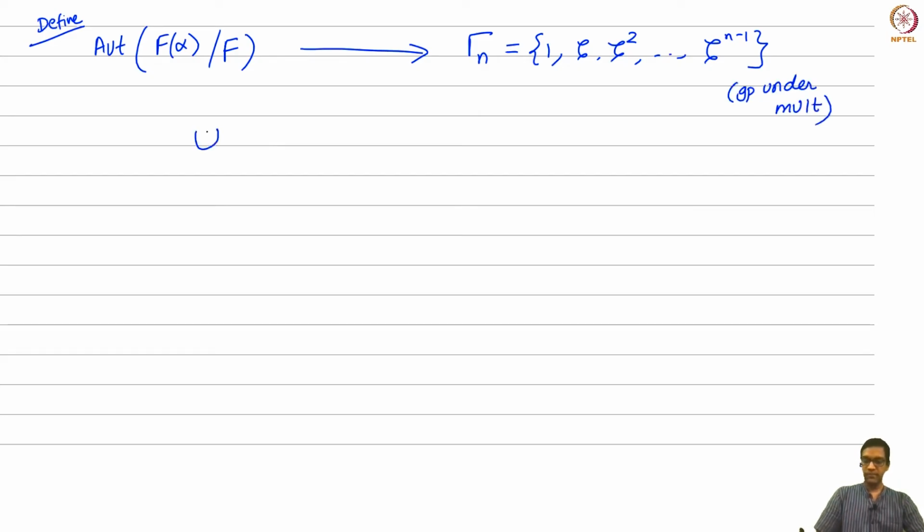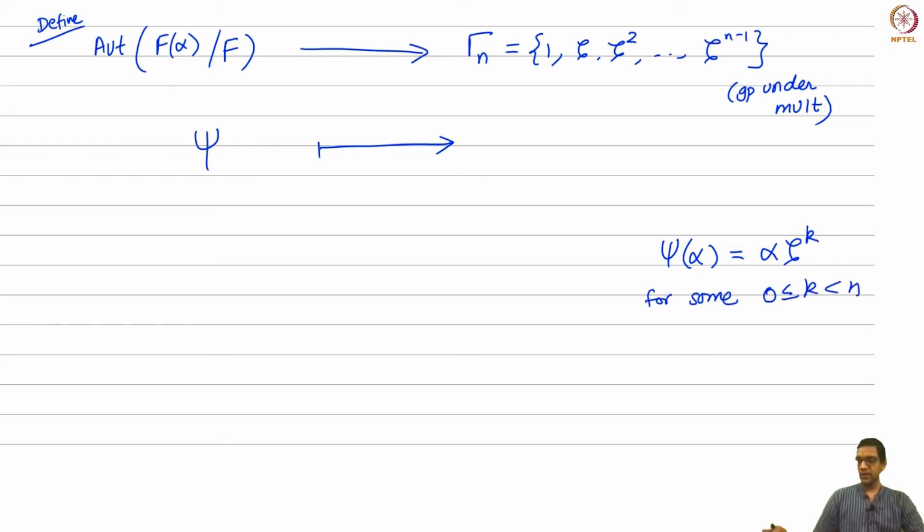Okay, what's the map? Well, we just said take any psi, it's uniquely determined by what it does to alpha, right? And what can psi do to alpha? Psi has to map alpha to an element of the form alpha times some power of zeta. It should look like alpha zeta^k for some k between 0 and n minus 1. So now what you do is you just map it to that k, that's all.